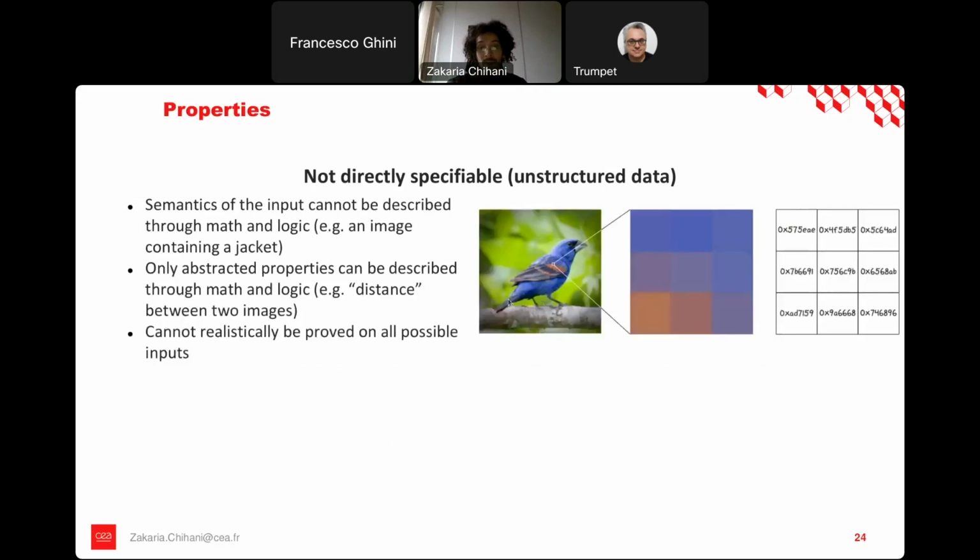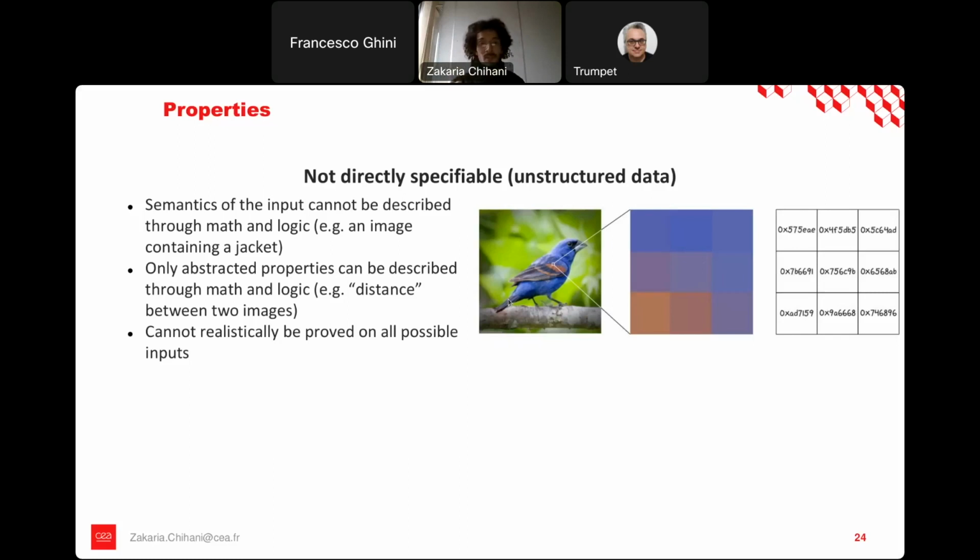The other type of properties is the not directly specifiable. And these are usually high dimensional data, images or sounds. And the problem with these is that they take the form of a collection of small inputs, and the meaning of each small input is not directly related to what you mean.